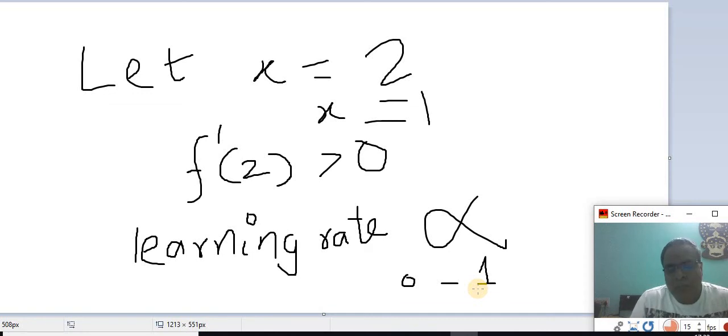If it is very small, the training of the machine learning model happens very slowly. That's what it means. If it is very high, we will get undesirable outputs for the cost function. So it should be in between. You need to write a program and find it out.